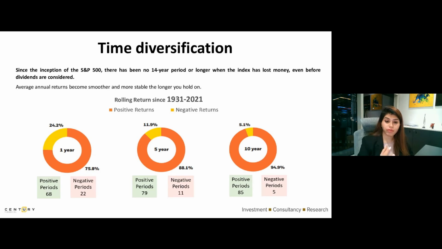So for 5 years, the probability of a loss is close to 12%. The probability of a gain is 88%. Now, if you invest only for 1 year, the probability of a gain is 76%, and your probability of a loss is 24%. So, if you can see, the longer your duration, the probability of loss automatically comes down.